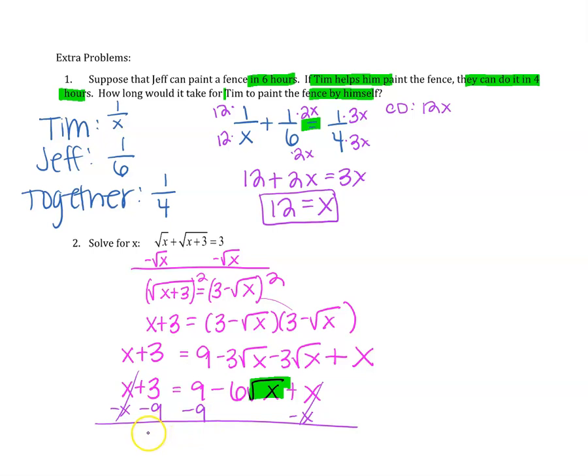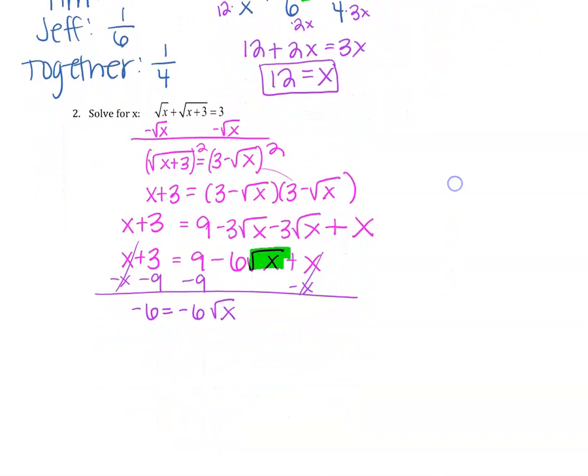And I'm left with negative 6 equals negative 6 radical x. I can then divide by negative 6 and get a positive 1. And then if you square both sides, we get x equals 1.